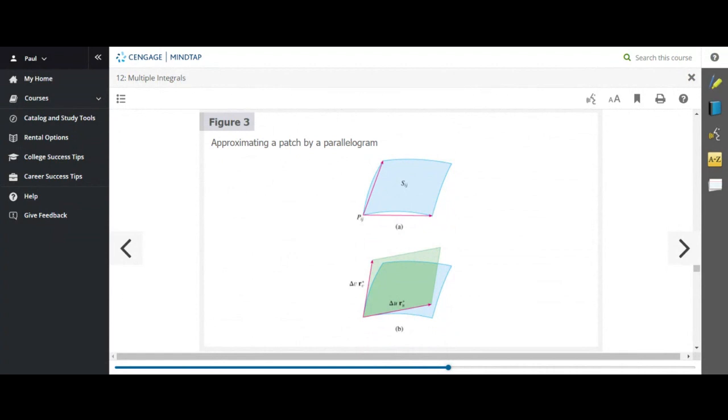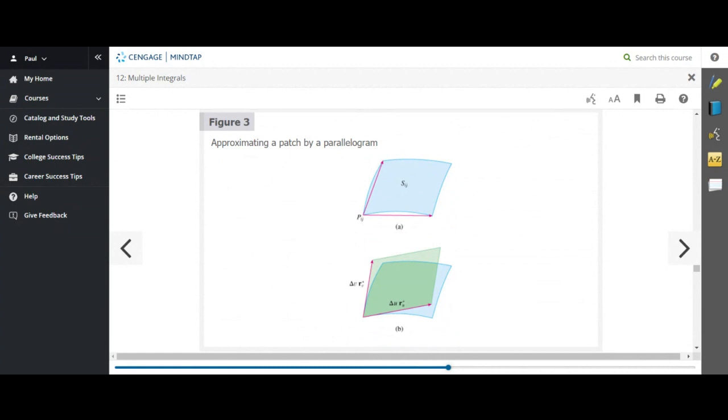So at the corner point on that patch, S sub ij, you can draw two vectors that basically correspond to the sides of the patch, but of course it's not exactly equal to the sides of the patch, but you could do that.